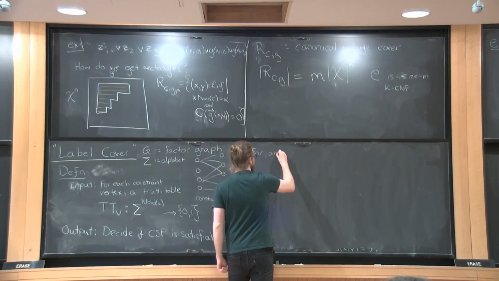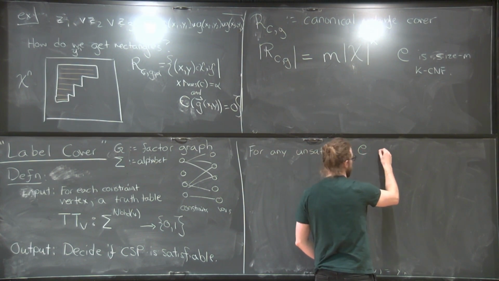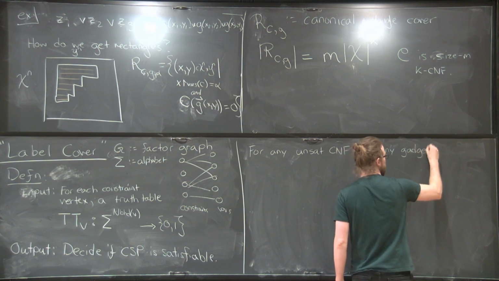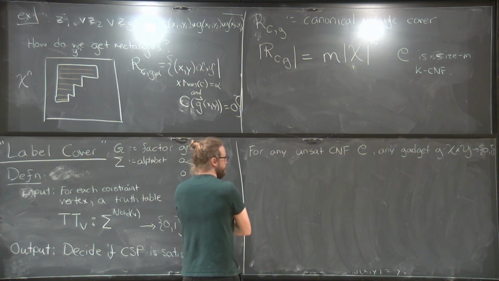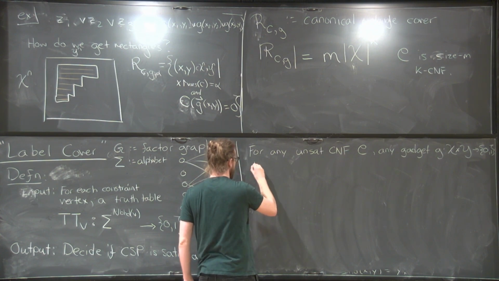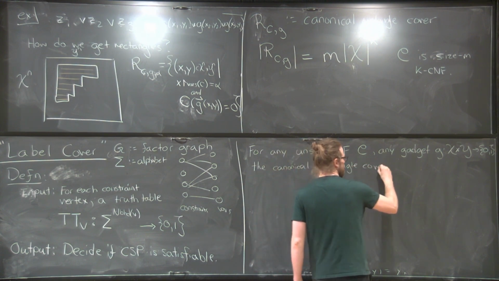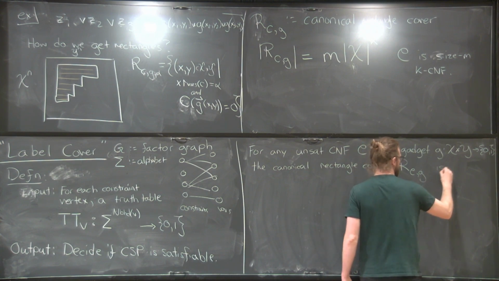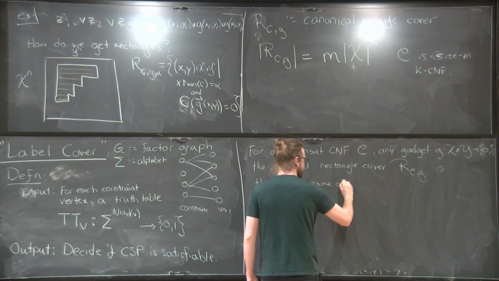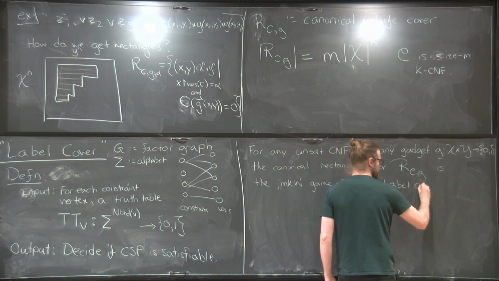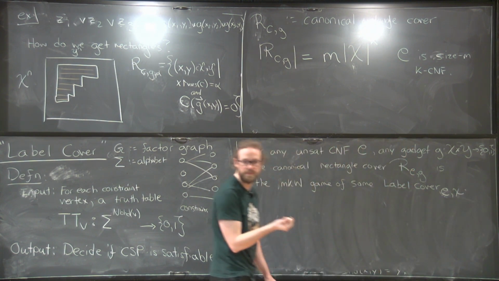So for any unsat CNF C and any gadget function G that's Boolean valued, the canonical rectangle cover is the MKW game of some label cover instance, where the constraint graph will be C and the alphabet will be X.